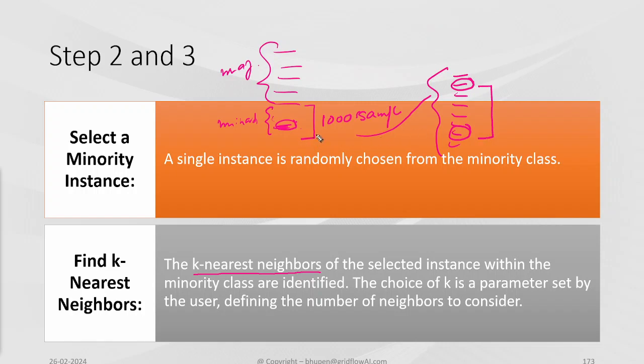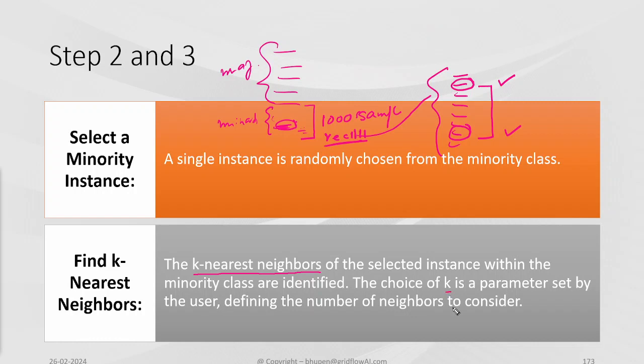Let's say this chosen one is record number 111, and the nearest neighbors are these two samples. Nearest neighbors means the sample is closest to these two other samples. This is the meaning of finding the k nearest neighbors. And this k is configurable.